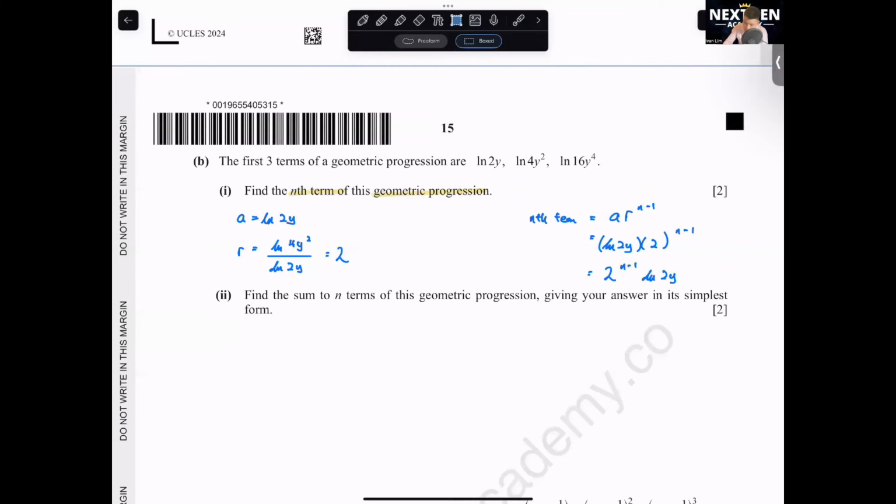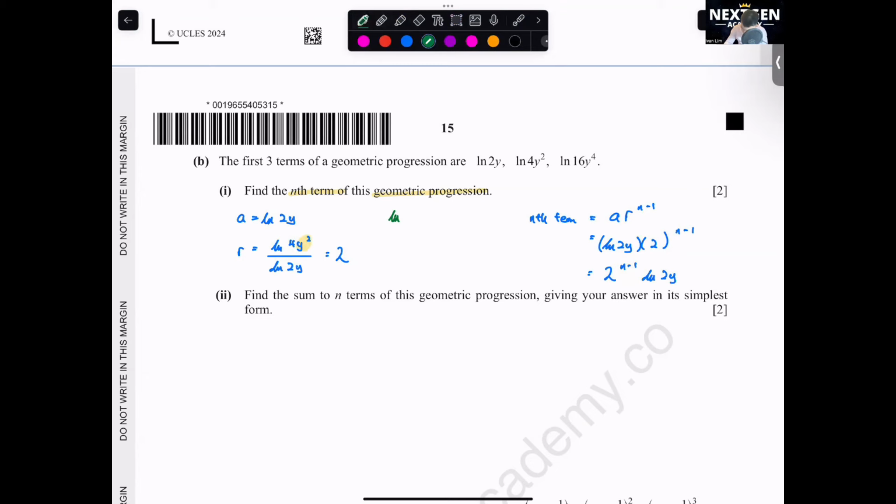All right, let me explain this again. How can we get r equals ln 4y squared over ln 2y, and how do we get this 2? Look at this ln 4y squared: the square only belongs to the y. So how do we simplify this?